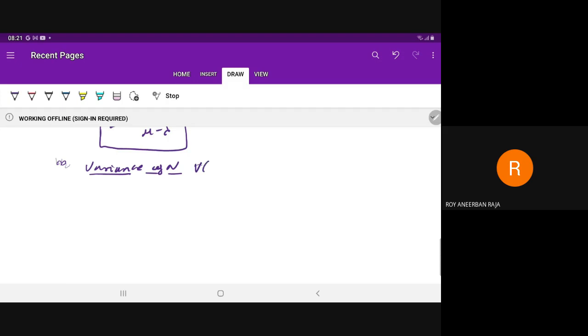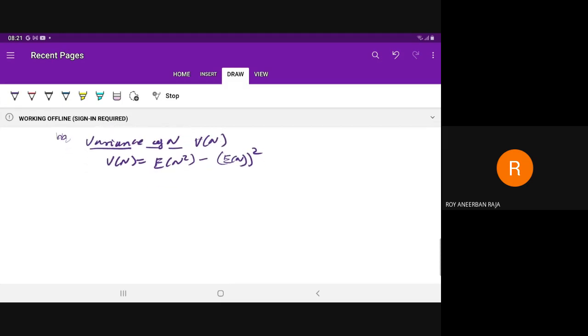So now we compute Vn, and for the variance, you know the computational formula: E of n square minus square of E of n. E of n we have already computed, that is L. So L square. Now we have to compute E of n square.